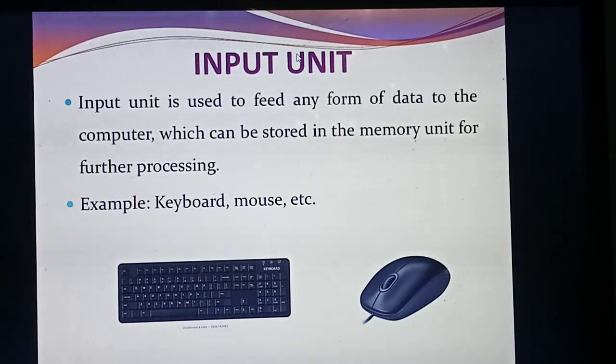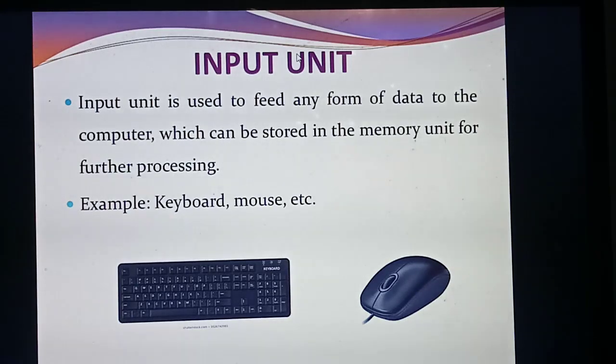Input unit is mainly used to feed what? Any form of data. Where are you going to feed it? In the computer. Understood the first point? In the 5-mark question, you should first put the heading functional components of computer. Then write the 4 points I explained yesterday. Afterwards, you should draw the diagram.